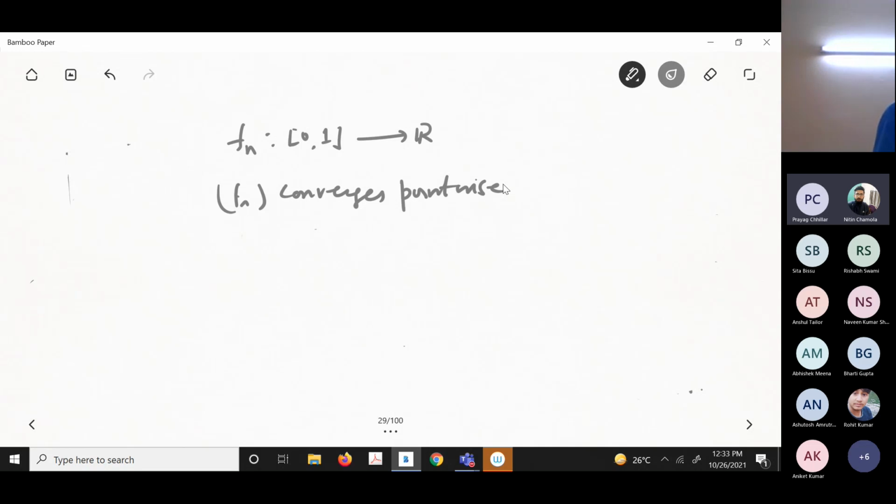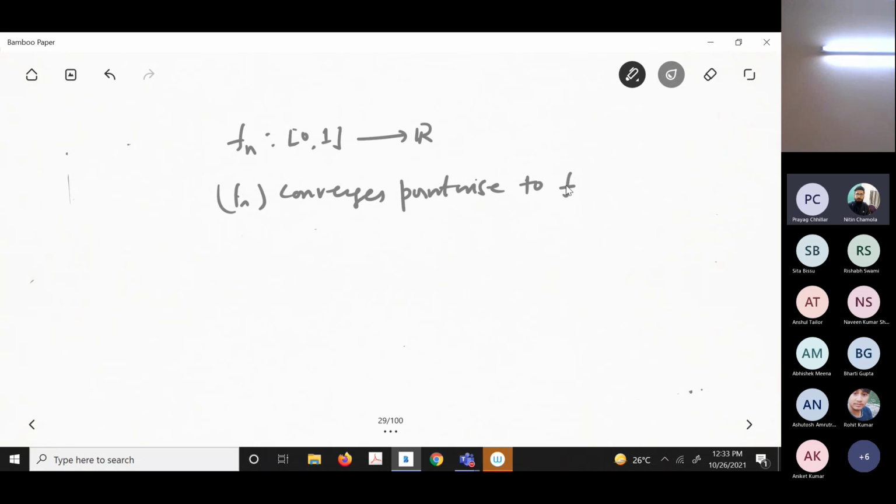By the uniqueness of the limit of a convergent sequence, if it converges pointwise to a function, it cannot converge uniformly to another function.